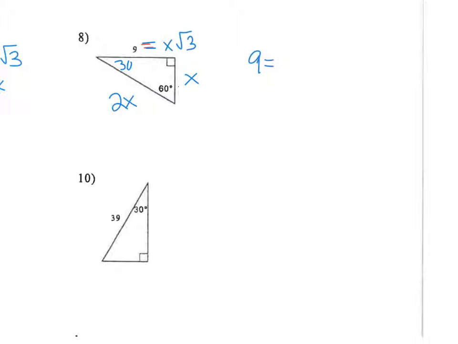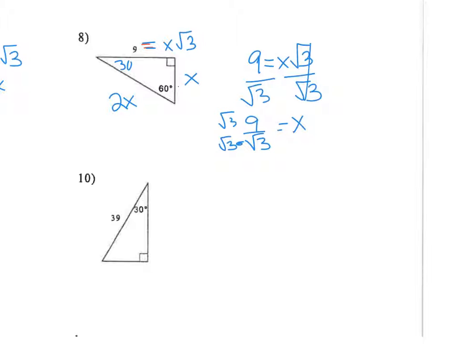So if 9 is equal to x root 3, when we divide by root 3, we get x is equal to 9 over root 3, except we can't have a square root in the bottom. So we'll multiply both top and bottom by root 3, because that's just 1. And now we have 9 root 3 over the square root of 3 times the square root of 3, which is the square root of 9.